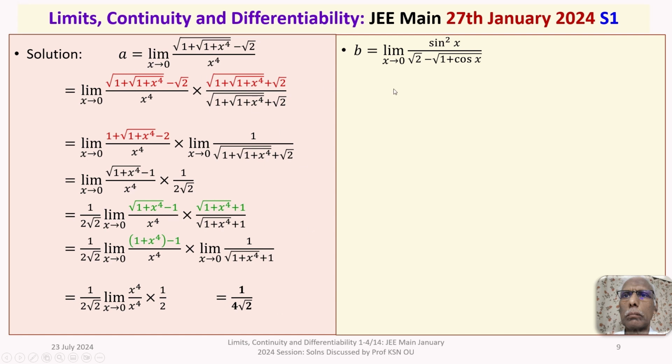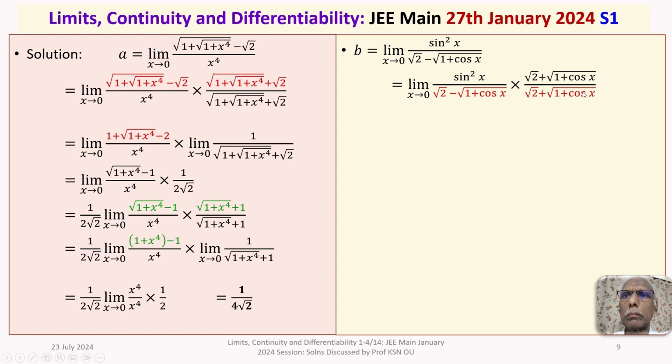Let's get into B. Now take the limit as x tends to 0 of sin square x by root 2 minus under the square root of 1 plus cos x. You are rationalizing. This is the rationalizing factor.